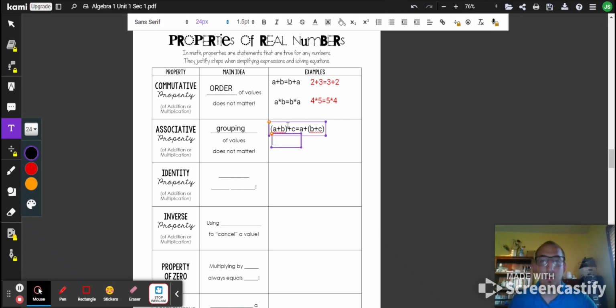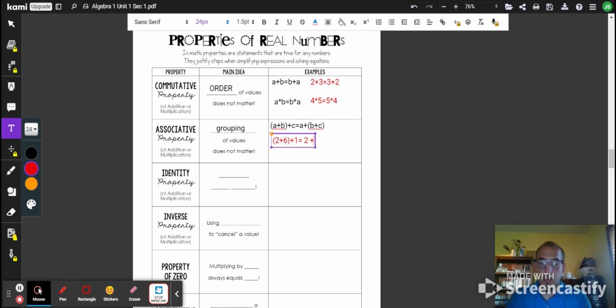And then let's do an example in red. Pick any three numbers: 2 plus 6, with parentheses around that, plus 1.